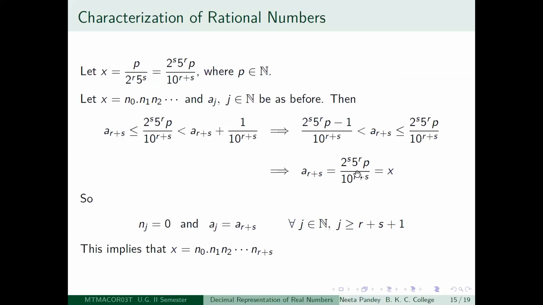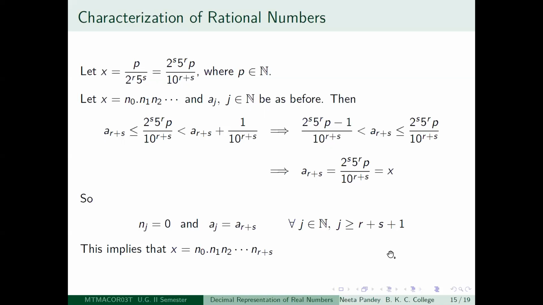That means x has to be equal to a_{r+s}. So x is actually equal to n0 plus n1 by 10 plus etc. till n_{r+s} divided by 10 to the power r plus s. Every other nj is going to be 0. So instead of writing that as an infinite expression, we just write it finitely like this: n0.n1 n2, etc., n_{r+s}. All the decimal places after the r plus sth decimal place are going to be 0.